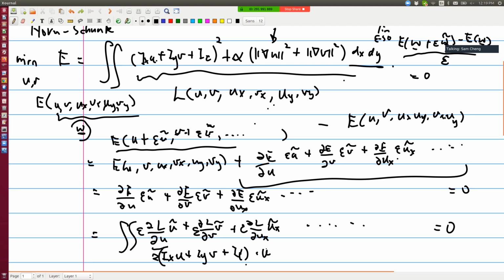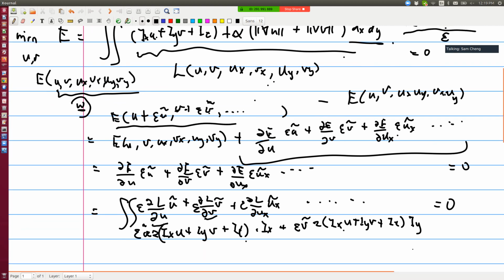Sorry, times Ix, yeah. Thank you. And of course I should multiply by epsilon u tilde here. And then v is similar. I have epsilon times v tilde. This derivative will again be 2 times (Ix u plus Iy v plus It) times Iy there.